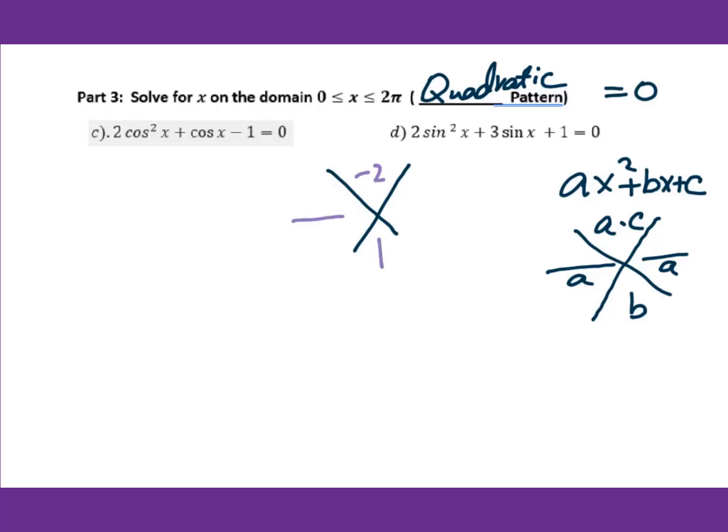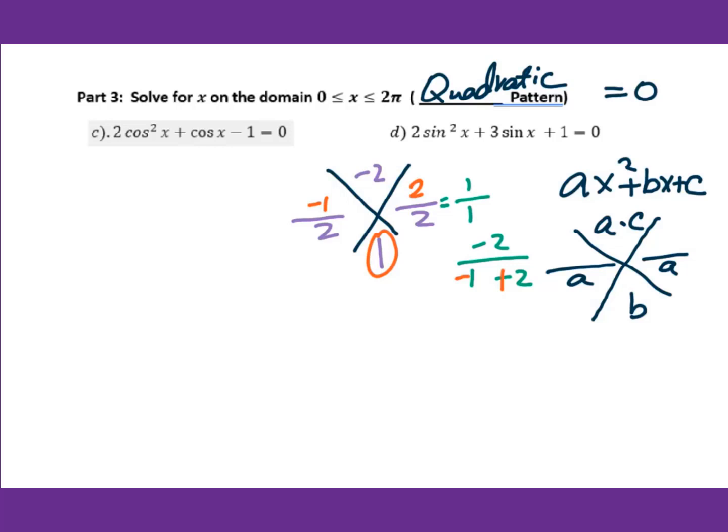For negative 2, you will get 1 times negative 2. Adding is negative 1, but we're looking for positive 1. Therefore, we change the sign. We will write down negative 1, here's a 2. Reduce, you will get 1 over 1.